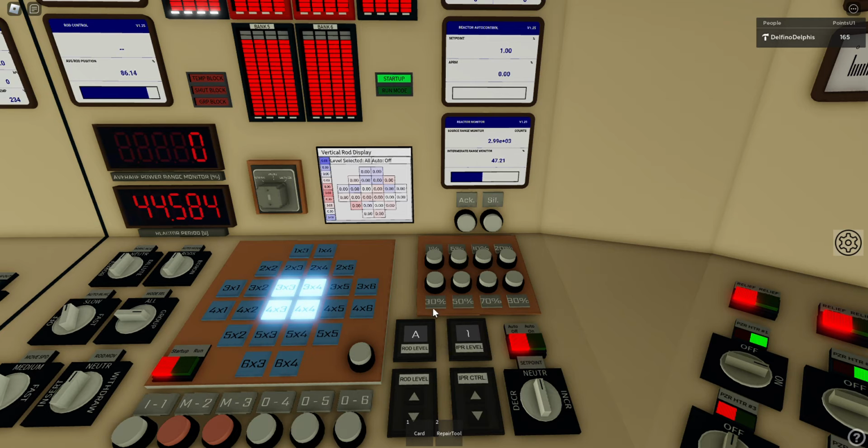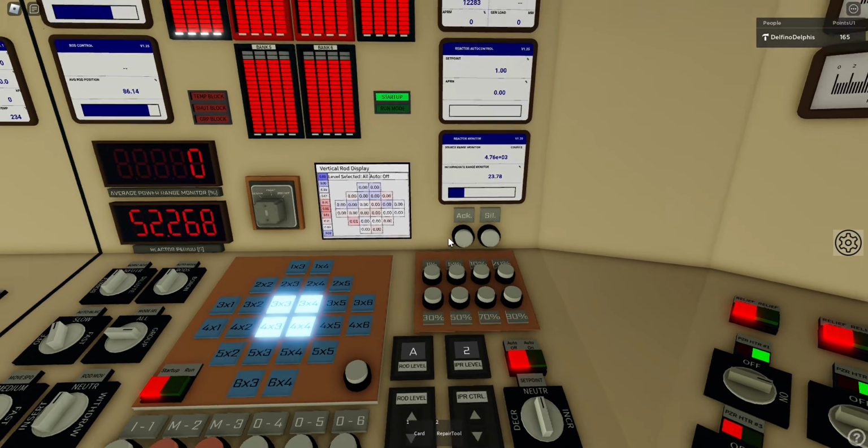On the 6th level, we will be at around 1% of reactor power. Okay, we are at 70%, so now I can increment this level 2.